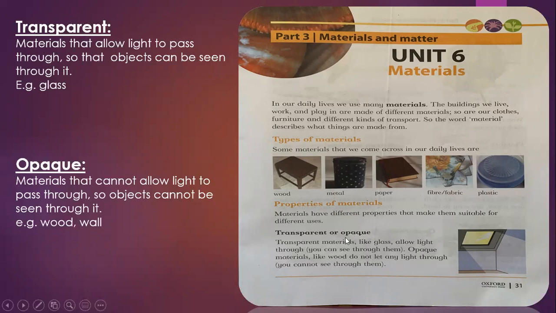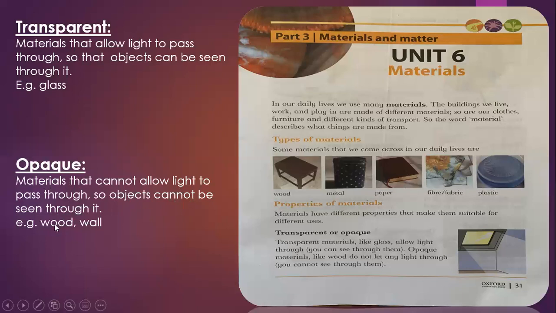And then what we have is opaque. Opaque is the opposite of transparent. Opaque materials cannot allow light to pass through. In transparent, materials allow light, but opaque materials cannot allow light to pass through. So objects cannot be seen through it. Understand? Just like with a glass, you can see through it. You can see everything if you have a glass in front of your eyes.